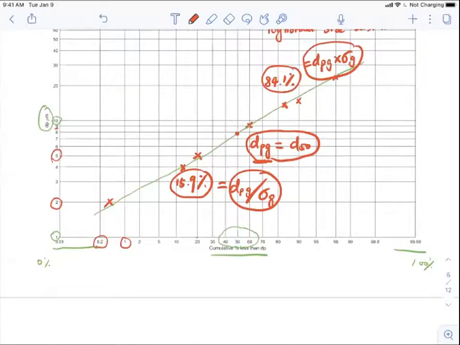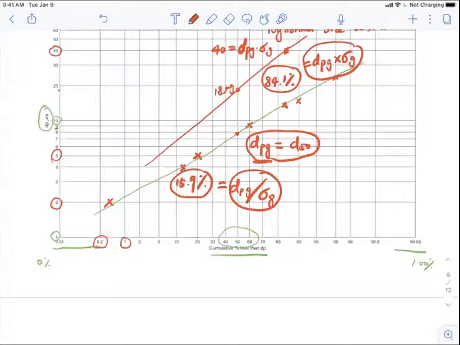Okay, so for example, if we have a curve that looks like this, we can tell that the dpg is, let's say, 18 micrometers. And if we find the 84.1%, so for example the size is 40, then that means 40 is equal to dpg multiplied by sigma g.